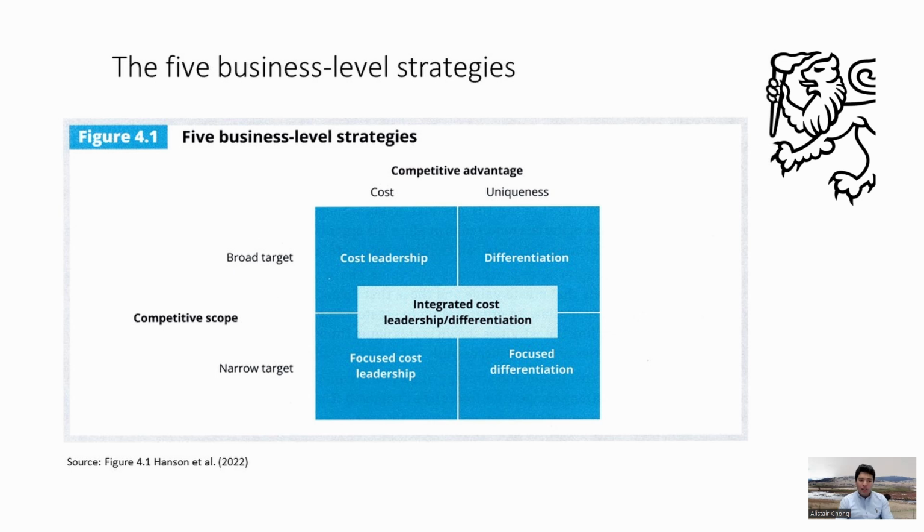And you can see here what type of target audience or target demographic we're looking at, whether we have a broad target and we want to go cheap, being cost leadership, or whether we have a narrow target and we want to be very unique, being focused differentiation. Now, this changes the competitive scope and the competitive advantage that we have based on what types of products we're selling and who we're trying to sell them to.